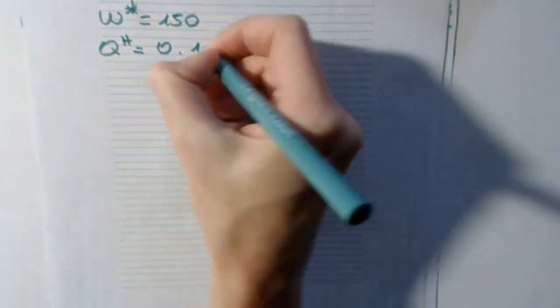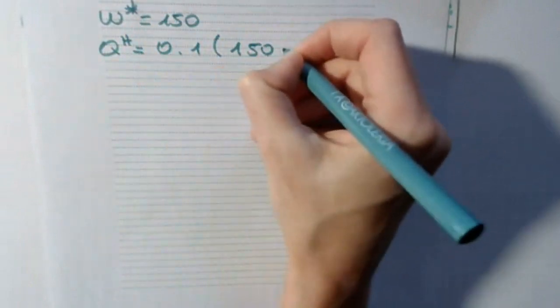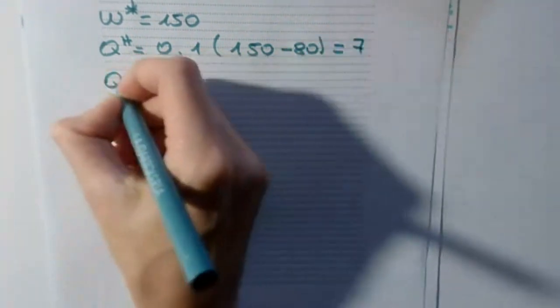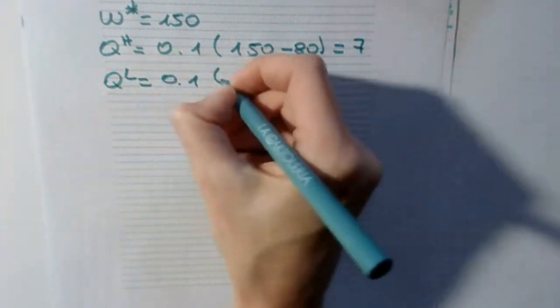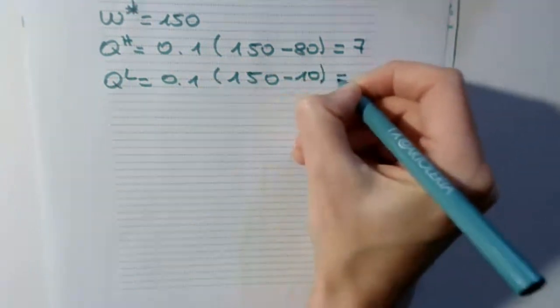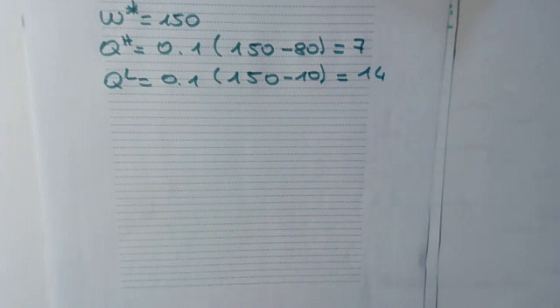So we have that QH is equal to 0.1 times 150 minus 80, and this gives 7. And QL is 0.1 times 150 minus 10, and this gives 14. And we are done with point 3, okay? Because we were asked to compute this thing, okay? And we have done it.